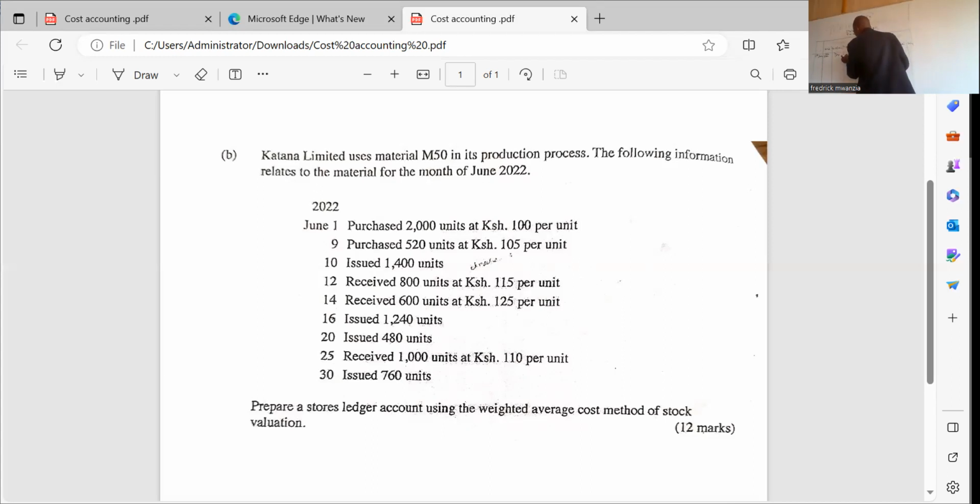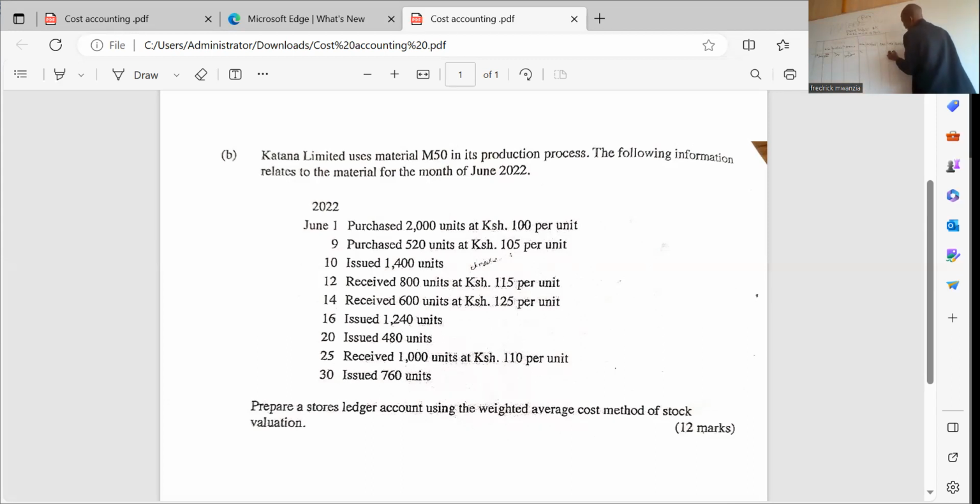So this is 200,000. We've not been told about any balance available at the beginning of that month, so we assume that we started the month from zero stock. And so we assume that the item provided on 1st June is what shall be there at the end of that date.